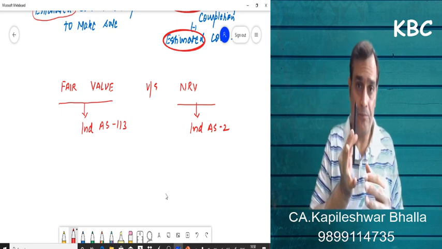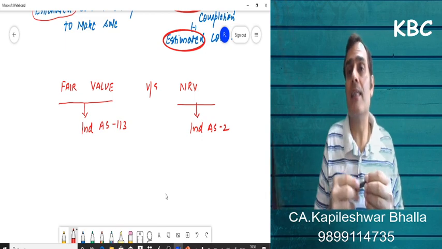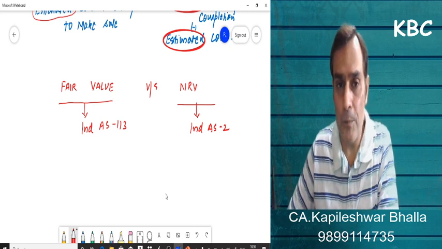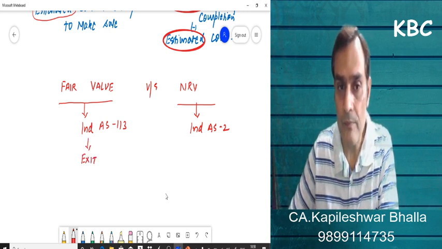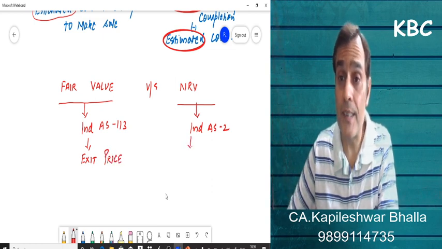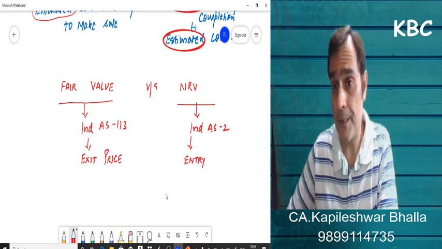It's like an entry. And if I'm going to sell this pen, it is like an exit. So the fair value is based on what we call an exit price. But the concept of NRV, which is based on a selling price, is based on what we call an entry price.